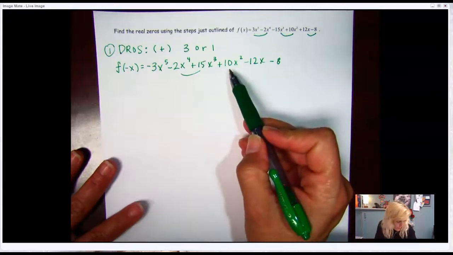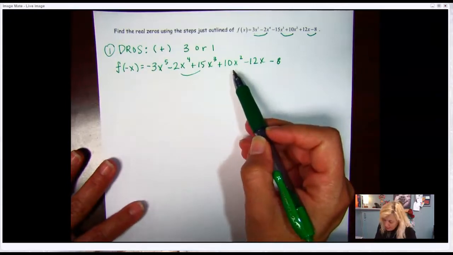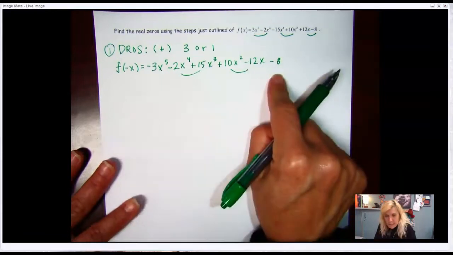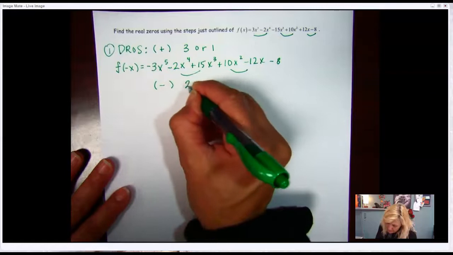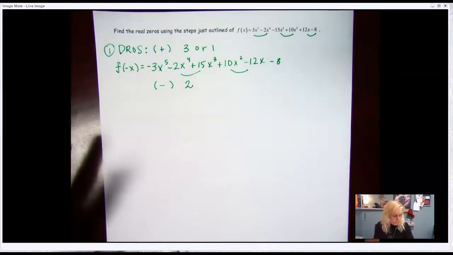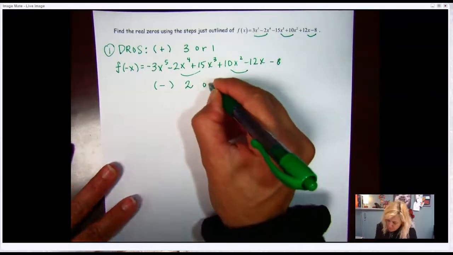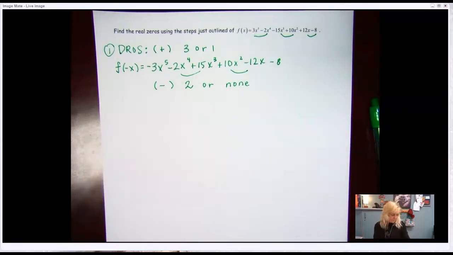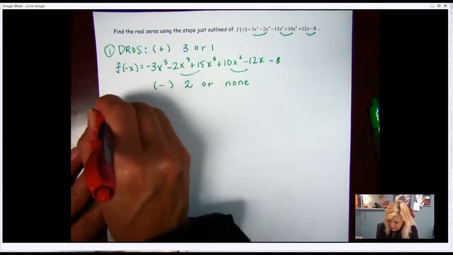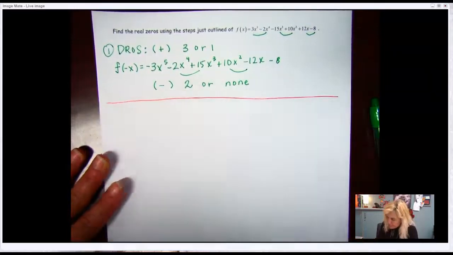There's where it is for positive. And then it flips back to negative, and then it stays negative. So my negative possibilities are 2 or none, because 2 minus 2 is 0. That's step 1. Or that's the first most important.